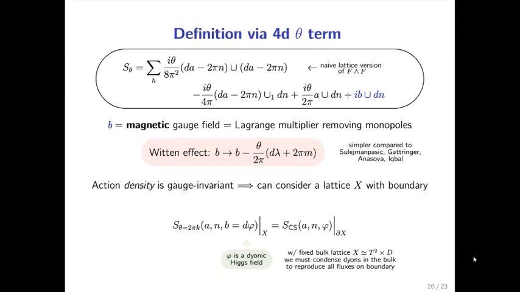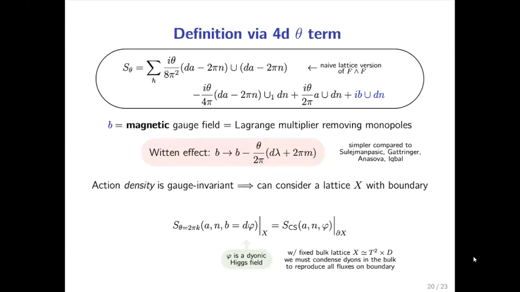Now we can make this term localized to the boundary, provided b is exact. So if b is equal to d phi for some scalar phi, then everything localizes to the boundary, and this just reproduces our Chern-Simons action. There's a nice interpretation of the fact that we needed to take b equal to d phi to recover Chern-Simons theory on the boundary. We could say that this is taking the deep Higgs limit, basically Higgsing the magnetic gauge field.